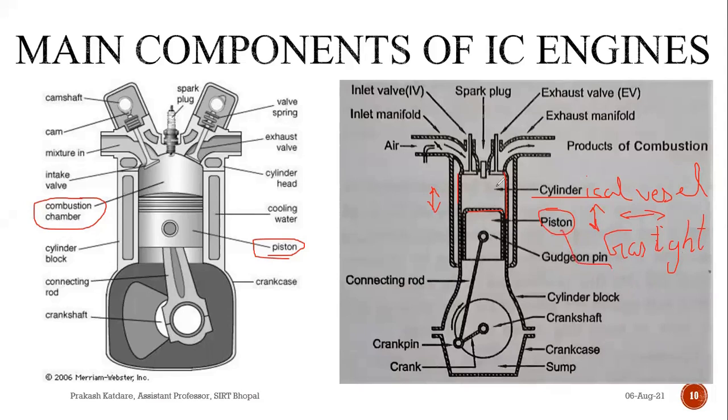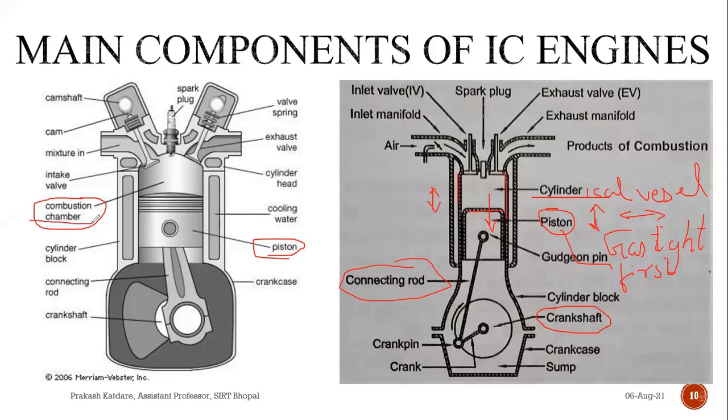Whatever energy is generated in the combustion chamber by the combustion of fuel, this energy is first transferred to the piston, and from the piston, it is carried forward with the help of connecting rod and crankshaft. So the first unit which is useful in power transmission, the first link in transmitting the power, is piston.